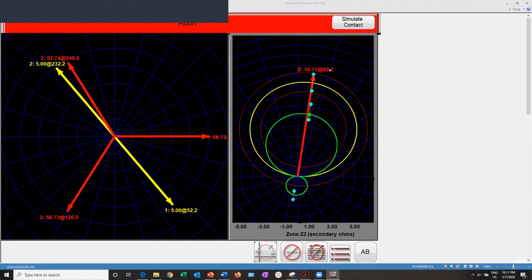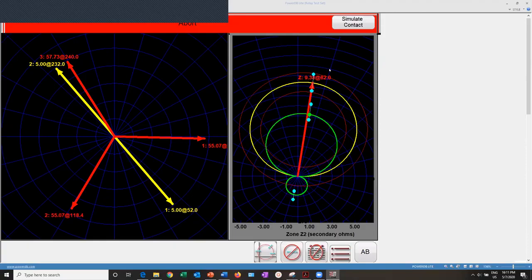Now in this case, I'm coming from the outside of the zone 2 characteristic, and I'm coming to the inside. All those are outside of the reach of zone 2 of this relay. And again, it's coming into the characteristic, into zone 2. As soon as it reaches the border of the zone, it should trip.